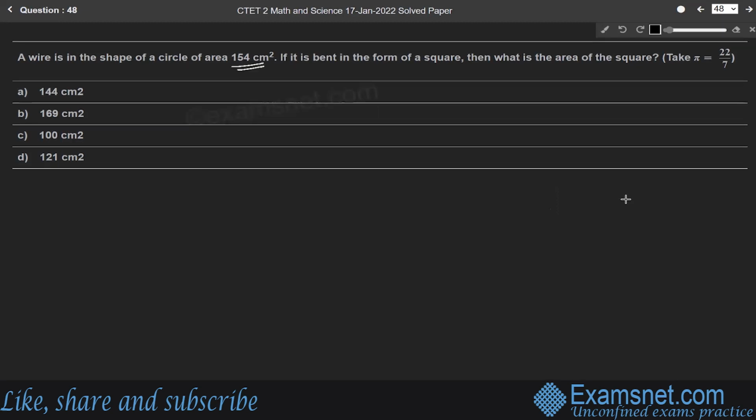If it is bent in the form of a square, then what is the area of the square? Take pi as 22 by 7. So here in the question, a wire is in the shape of a circle of area 154 centimeters square. If it is bent in the form of a square, then what is the area of the square?